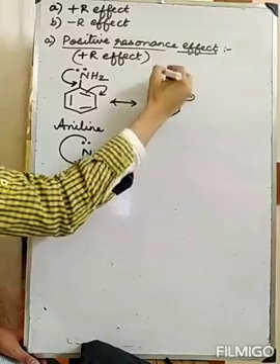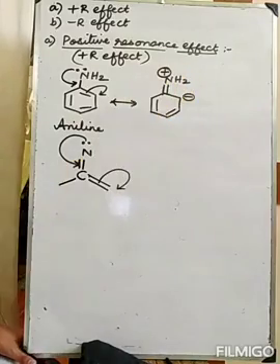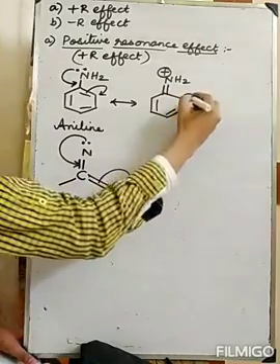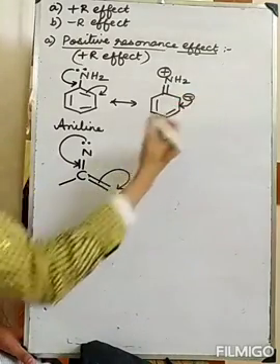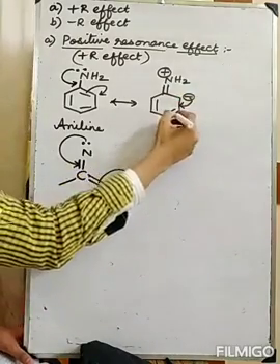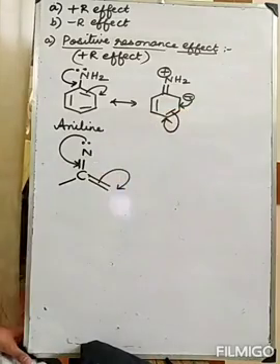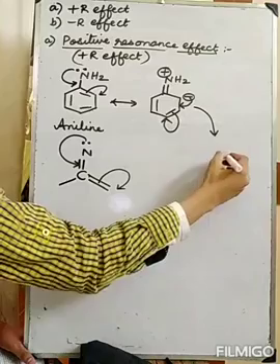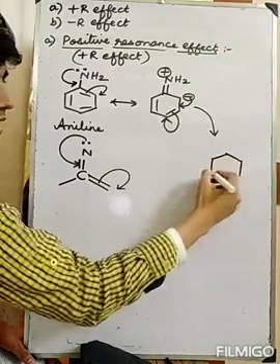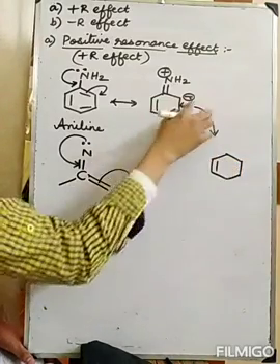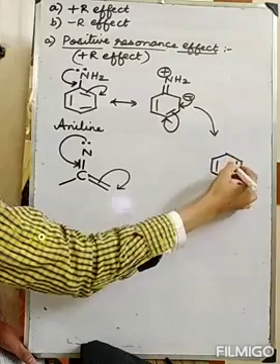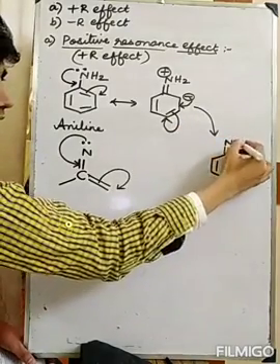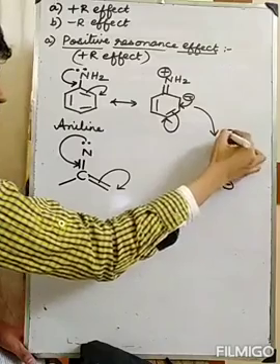If the nitrogen has 4 bonds, it will get a positive charge. Now this negative charge will form a bond on this side, and this will come here. This side already has one bond, this forms a bond here, and this negative charge is down, so double bond NH2 plus charge.